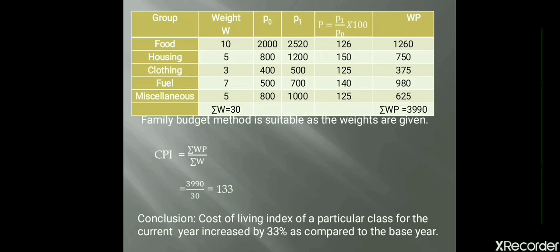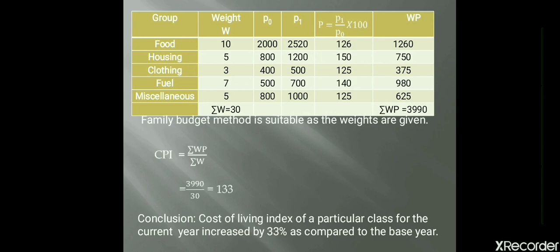Here the calculation goes. For housing, it is 1200 divided by 800 multiplied by 100 is 150. The next one, 500 divided by 400 multiplied by 100 is 125.